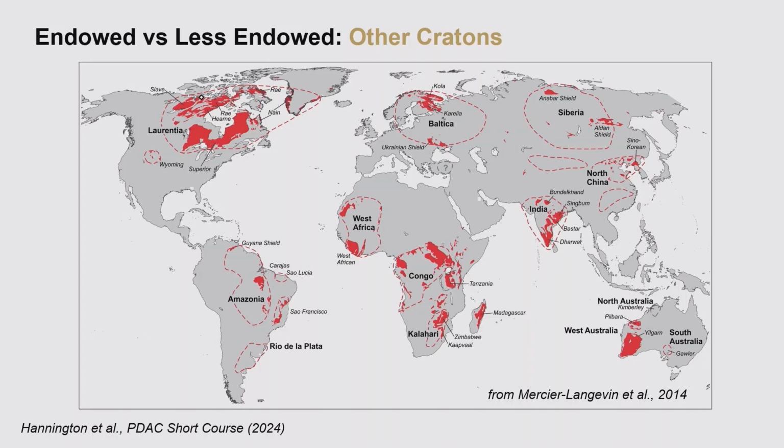We know, this is from Pat, of about 150 Archean VMS deposits worldwide. There are about 30 of them in Western Australia. There are 1 or 2 in the North China Craton. Maybe there's one in Guyana. That's 33. All the rest are in the Abitibi Greenstone Belt.